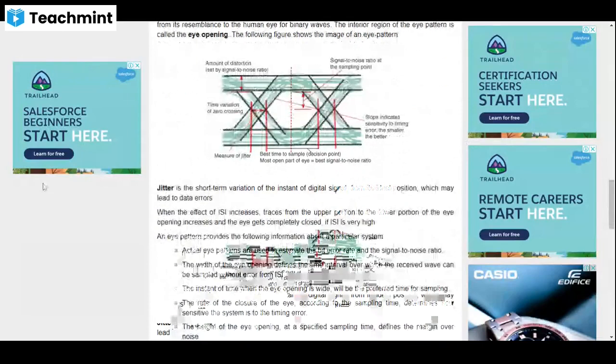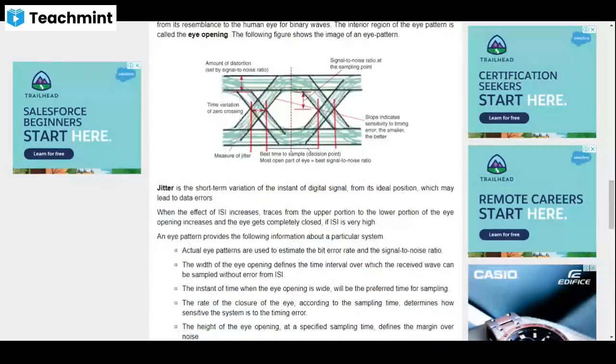Jitter is the short-term variation of the instant of a digital signal from its ideal position, which may lead to data error. So what is jitter? Jitter is a short-term variation of the instant of the digital signal.